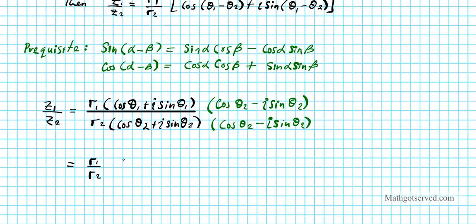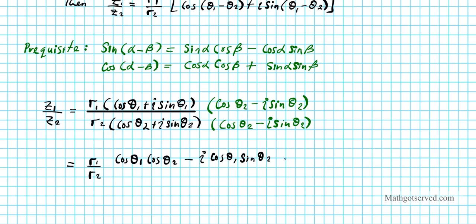When we do the first, we're going to have cosine theta 1, cosine theta 2. First, and when we do the outer, this times that one is going to become minus i cosine theta 1, sine theta 2.